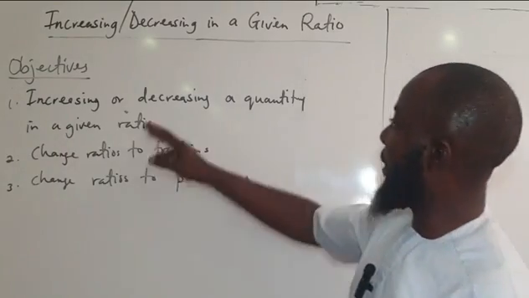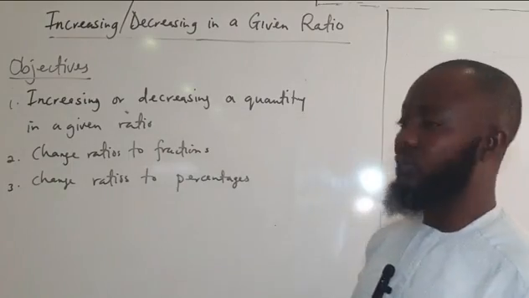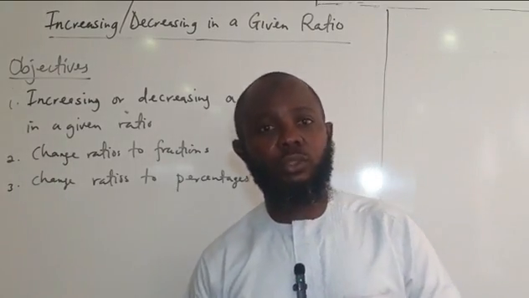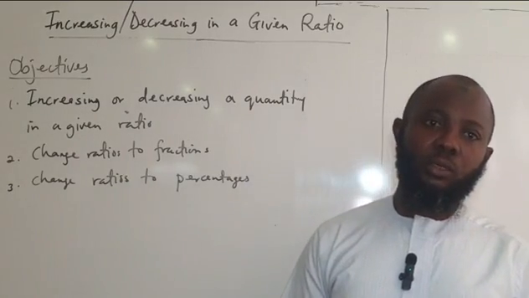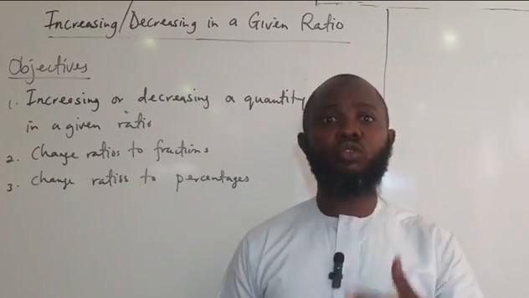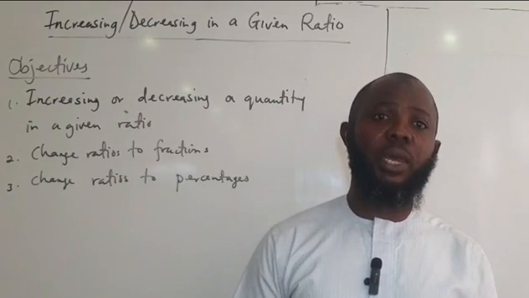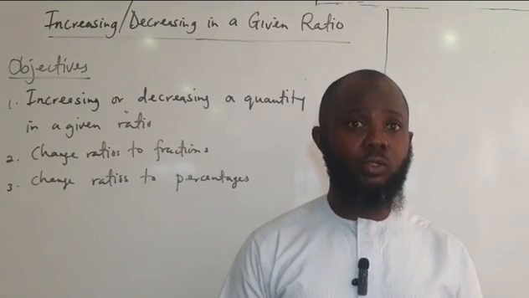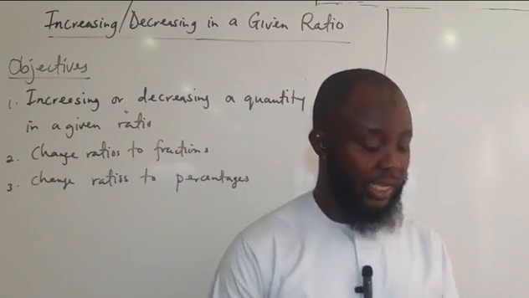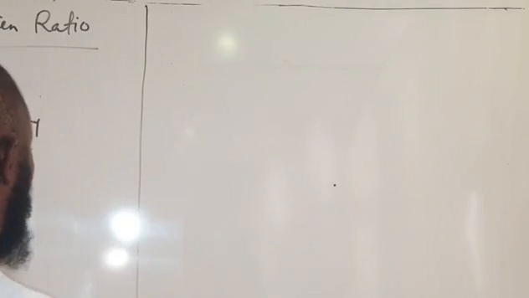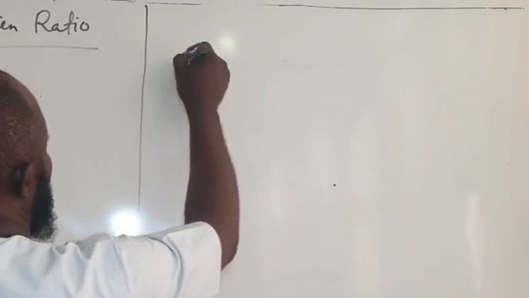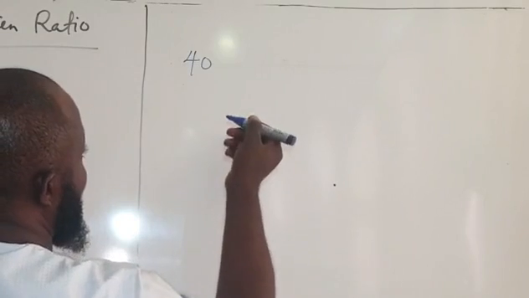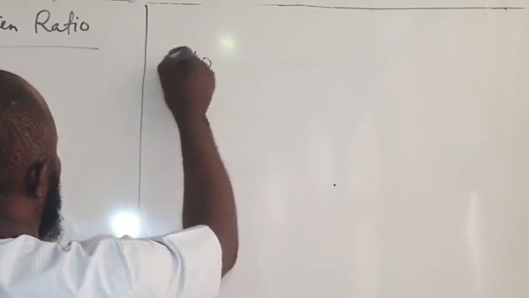When we talk about increasing or decreasing in a given ratio, to increase or to decrease a quantity means we need to multiply the quantity by a multiplying factor. What do we mean by multiplying factor? Let's say for instance you have a quantity of 40, let's say 40 naira of an item.